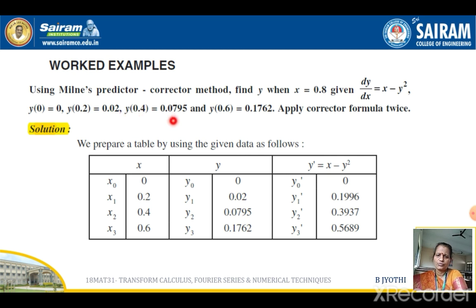Now when the step size is 0.1 and we have to find y at x as 0.2, we need to do it in 2 stages. So we compute y of 0.1 first and use this value to compute y of 0.2, like we have done in the fourth order Runge-Kutta method two-stage problem.